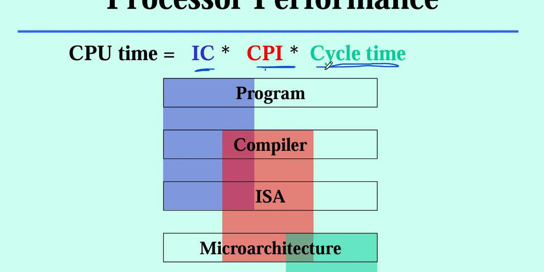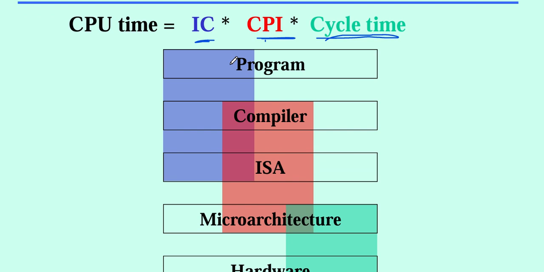We'll take the same time, right? Because 4 times 50 is what? 200. 200 times 1 is equal to 200, right? So that's why these three things must come into consideration, to be able to define the performance correctly, right?